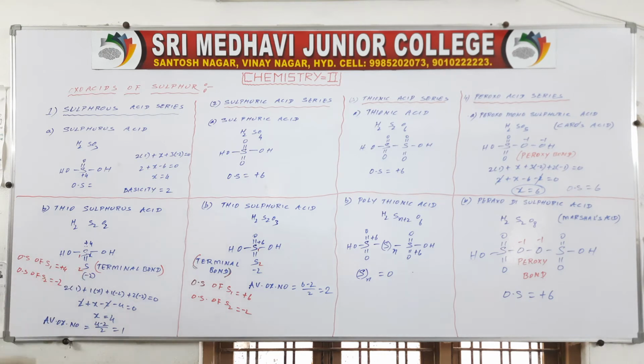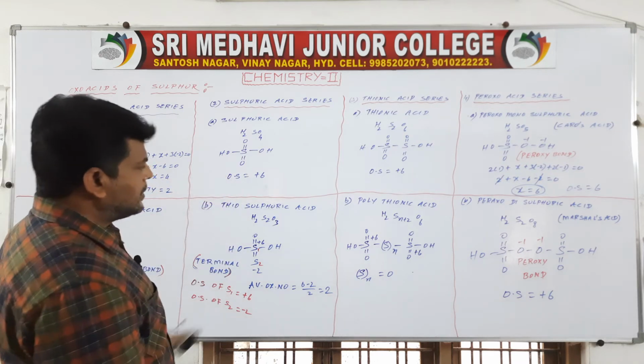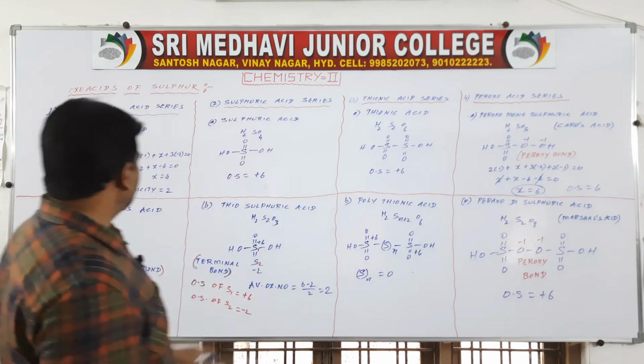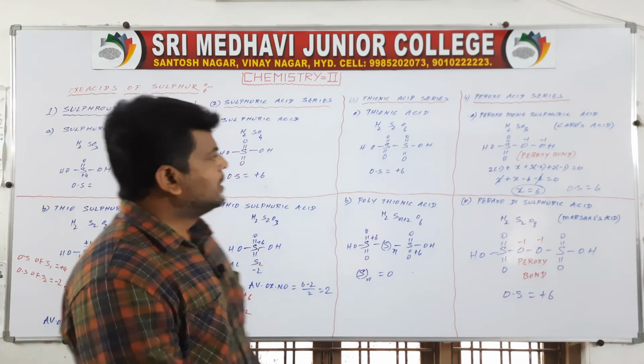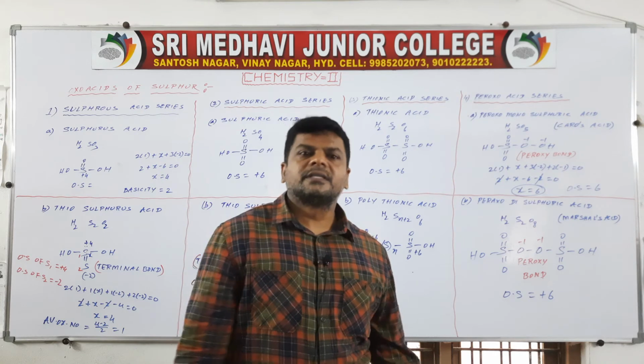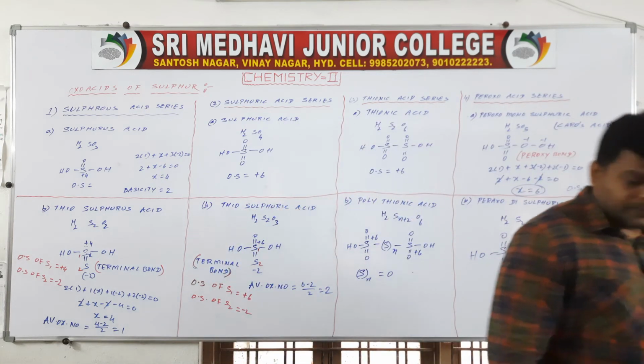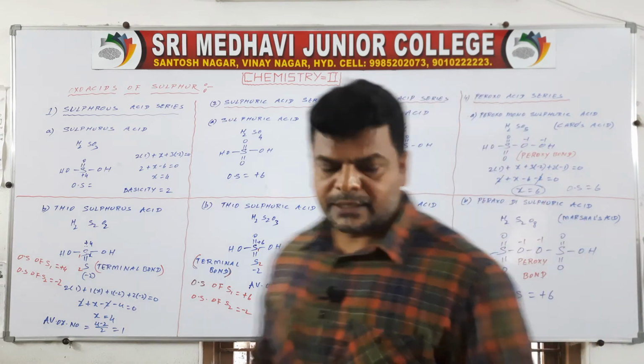Minus 2. Terminal bond. So here like this, plus 6, plus 6. Here plus 6. So these are the oxo acids of sulfur. This is the way we may discuss.